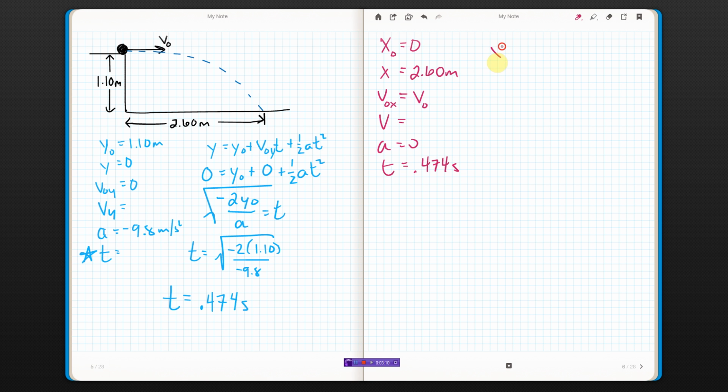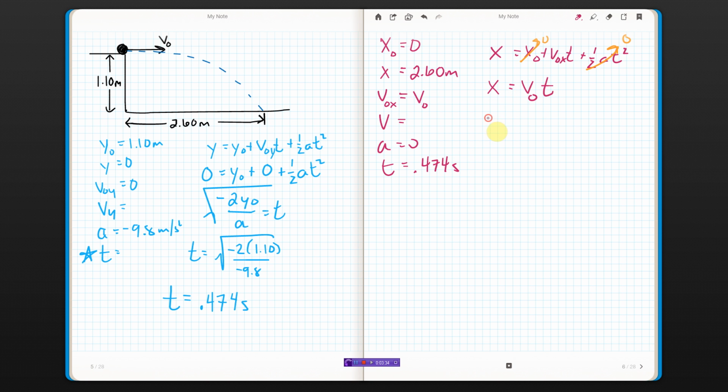Okay, if I use this equation, since a is 0, this whole thing is just gone. This is 0 too. So what I have is x equals v naught times t.